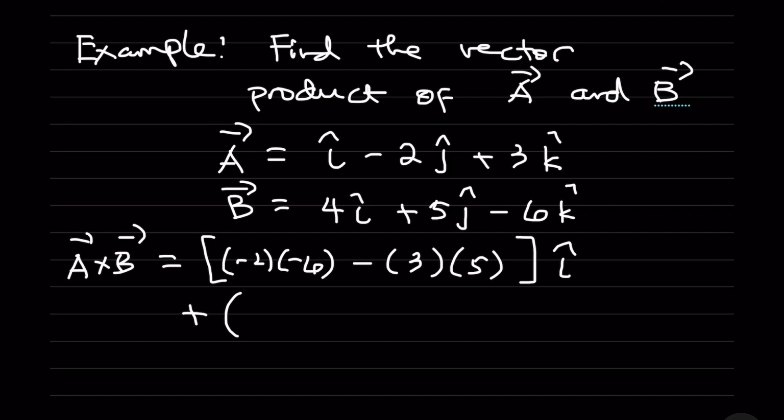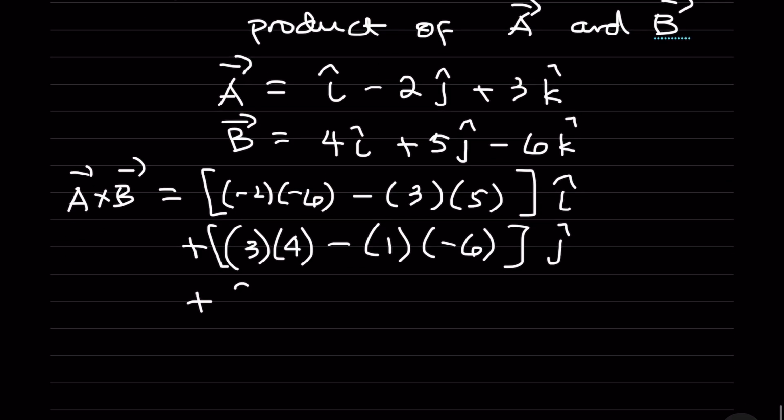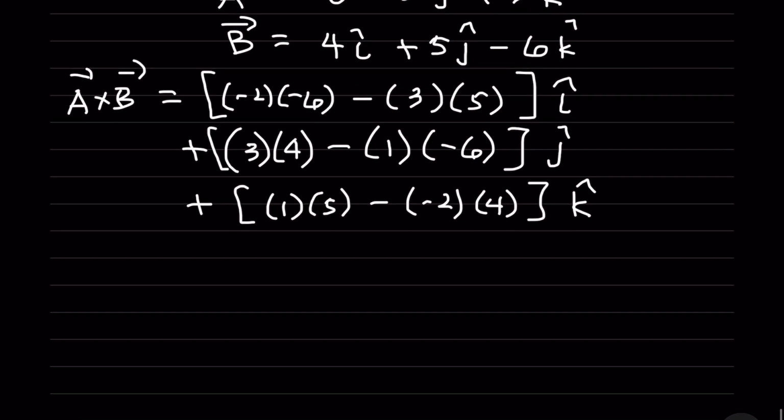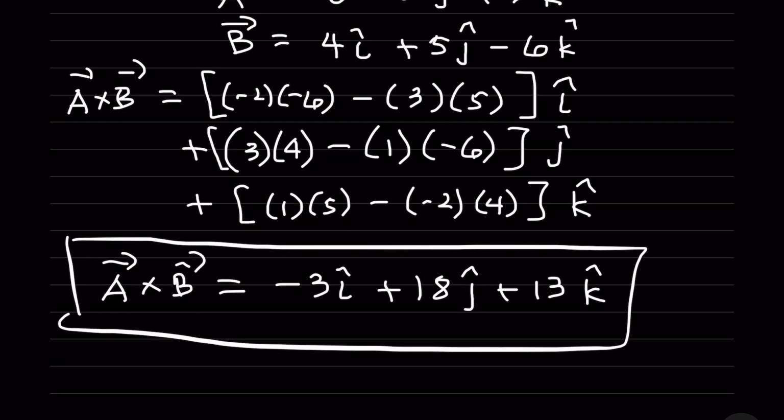We simply need to substitute the components of vectors A and B into the equation that we have derived earlier. We just do simple algebra, and you should be able to find that the cross product is equal to negative 3i hat plus 18j hat plus 13k hat. That is the final answer.